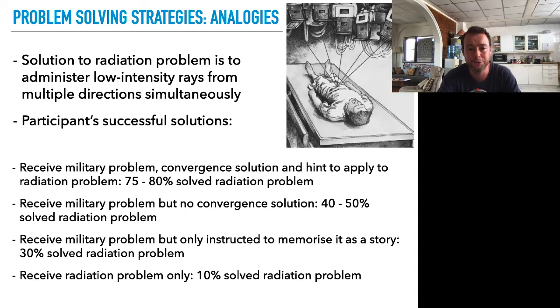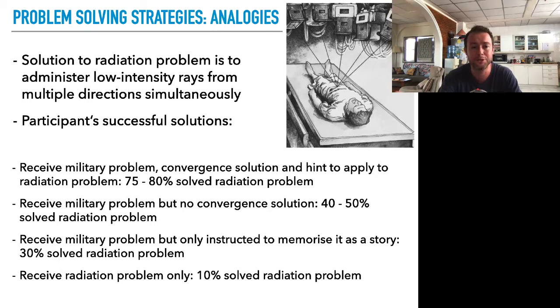Those that received the military problem but didn't get the convergence solution, so they didn't work out exactly what it is, 40 to 50% of those participants were still able to solve the radiation problem. So they're still applying some of the analogy there.